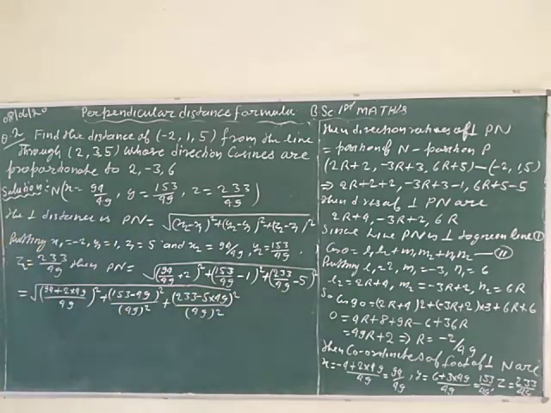Here 49 is in whole square form, so it is taken outside from the under root.